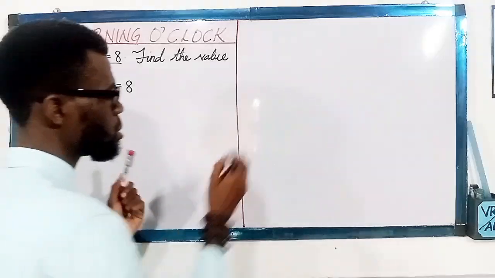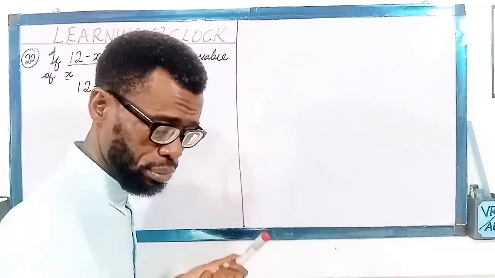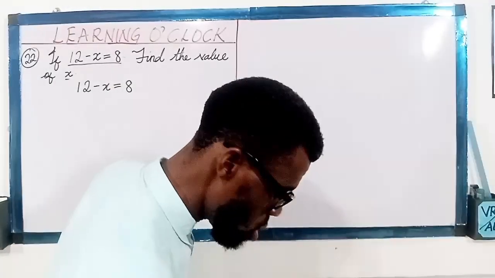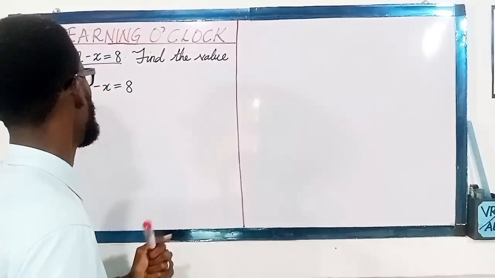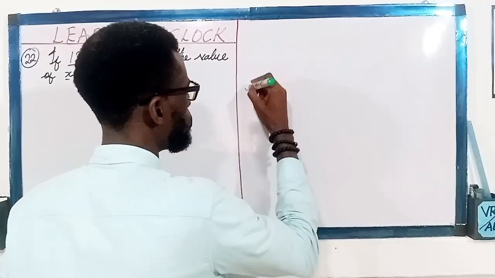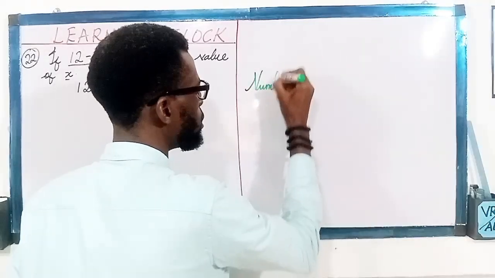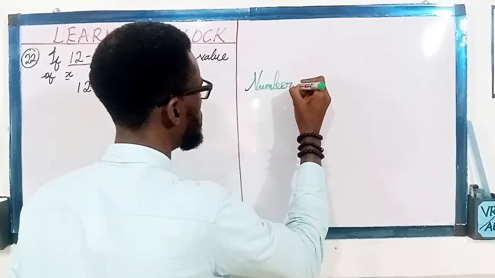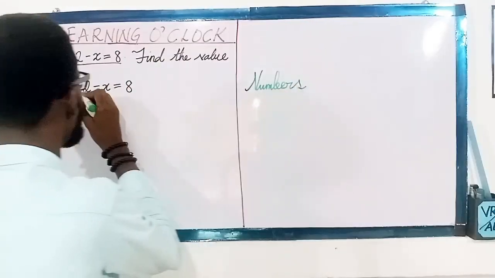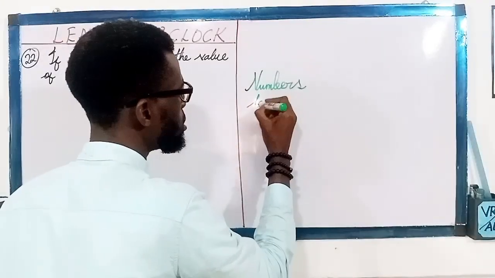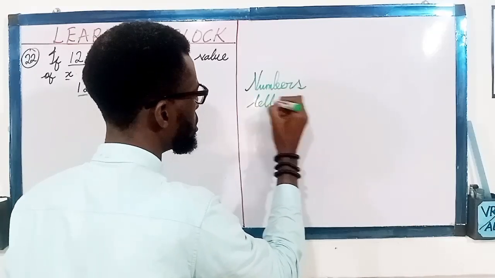Let's do this here. In an equation, you usually have numbers, right? Numbers. You have letters, and these letters are not just x.